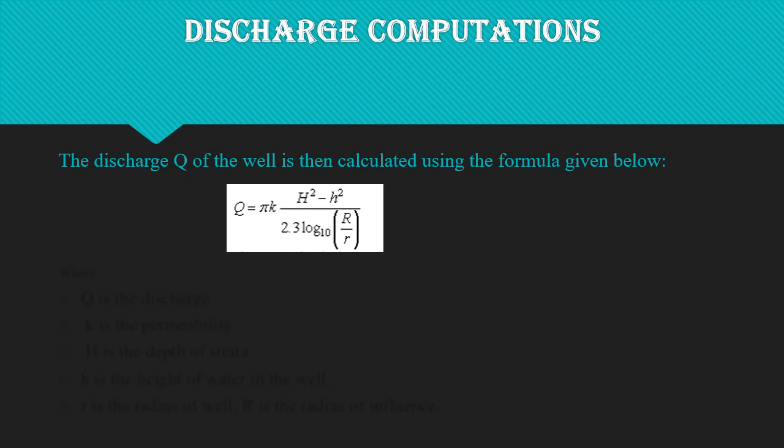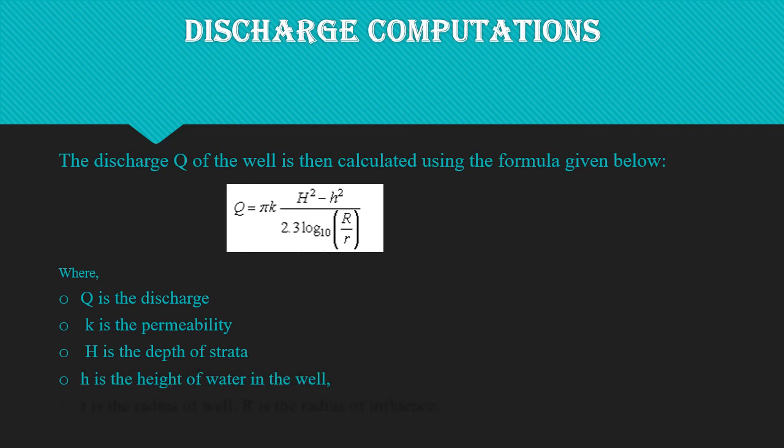So the discharge of the well is calculated by using the formula pi k into (H squared minus h squared) divided by 2.3 log 10 to the base R by r, where Q is the discharge, k is the permeability, H is the depth of the strata, small h is the height of water in the well, small r is the radius of well, and capital R is the radius of influence. So finally we can estimate the discharge by using this particular formula.